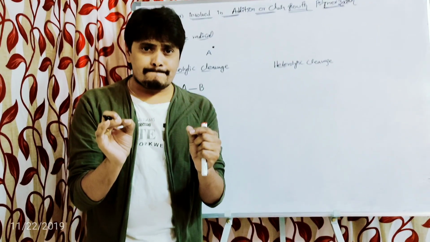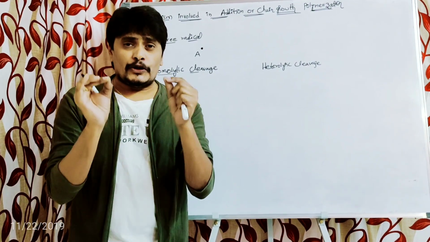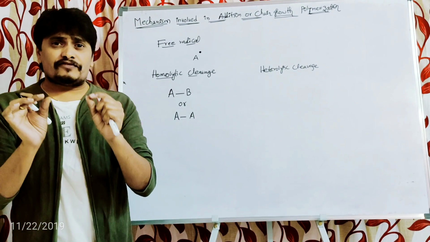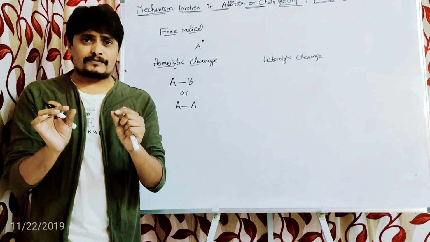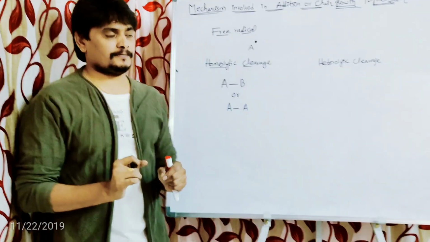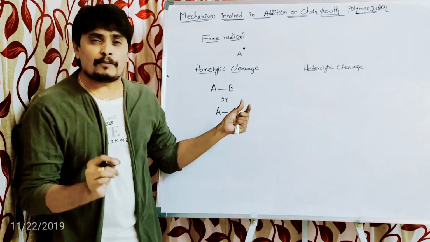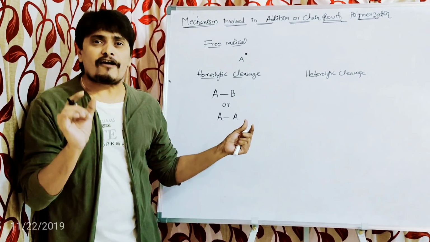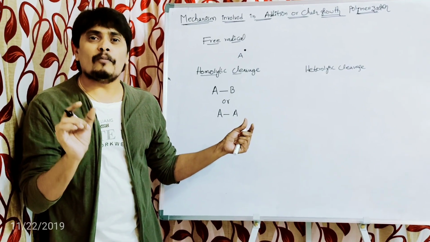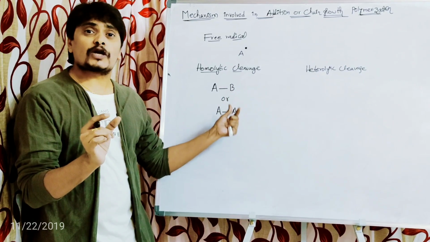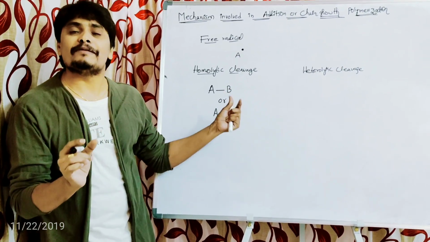So when there is no electronegativity difference or less electronegativity difference between the two adjacent atoms, then homolytic cleavage takes place. Now in this A and A, both are the same atoms, so definitely homolytic cleavage takes place because there is no electronegativity difference between the same atoms.